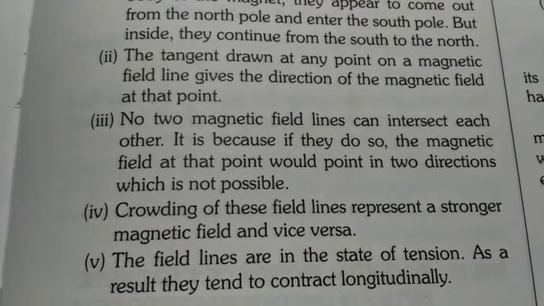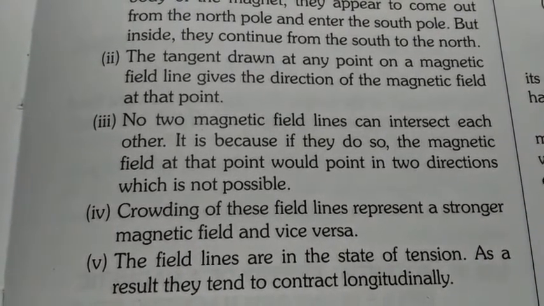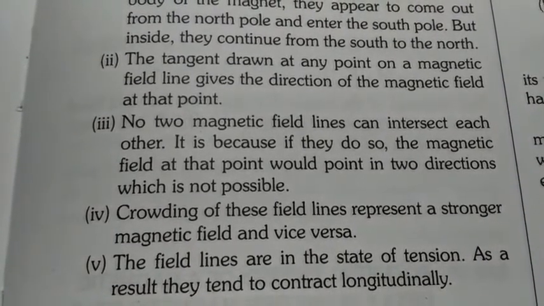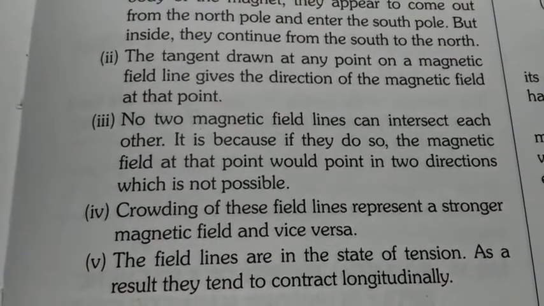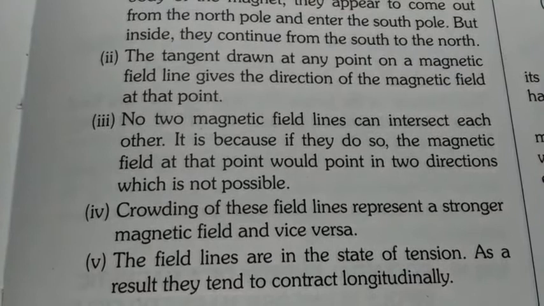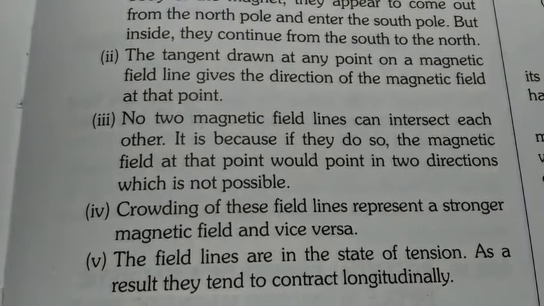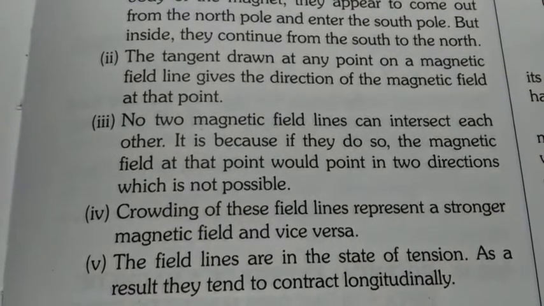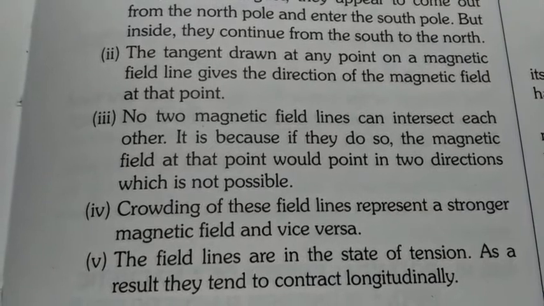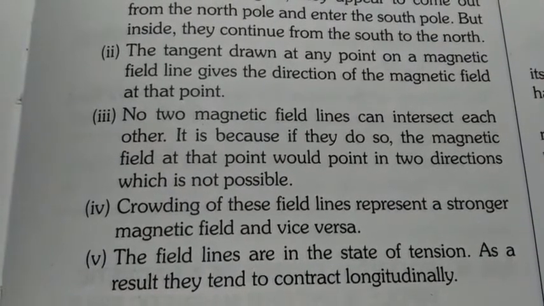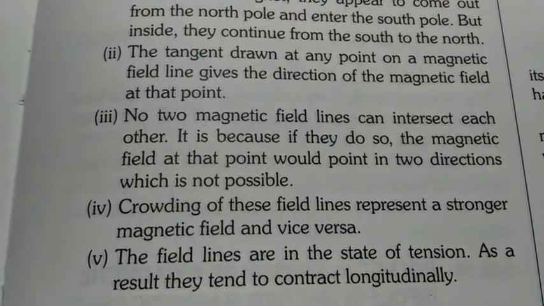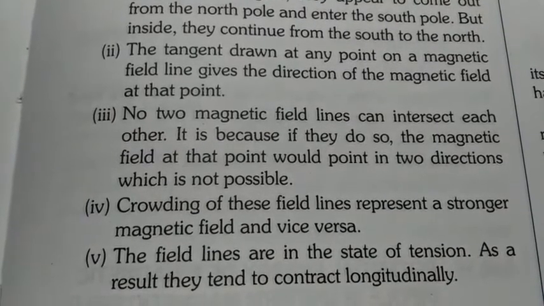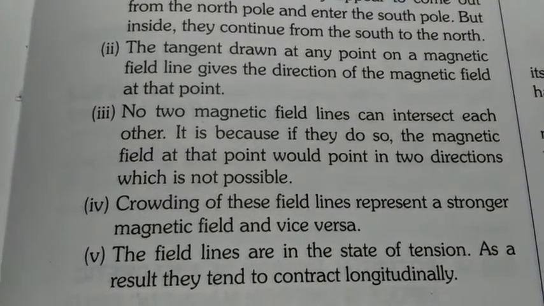That means if more and more field lines are present at one place close to each other, there the magnetic strength is maximum, and where they are farther apart from each other, there the magnetic field will be less. Then fifth one: the field lines are in a state of tension, as a result they tend to contract longitudinally.